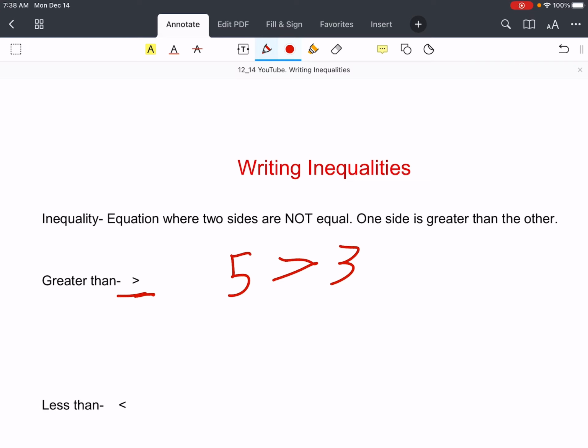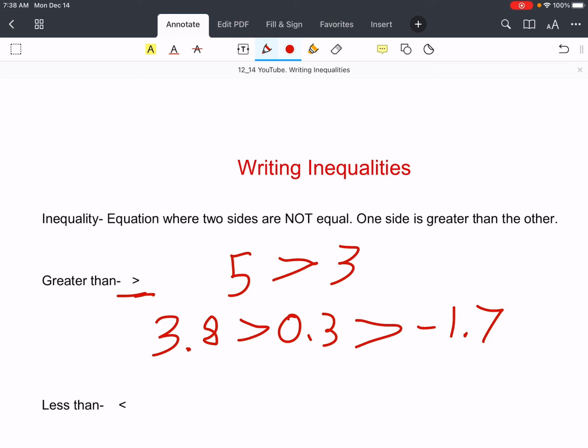We could say that 3.8 is greater than 0.3, which is greater than negative 1.7. And we're still going the bigger numbers from left to right because we're using the greater than symbol.